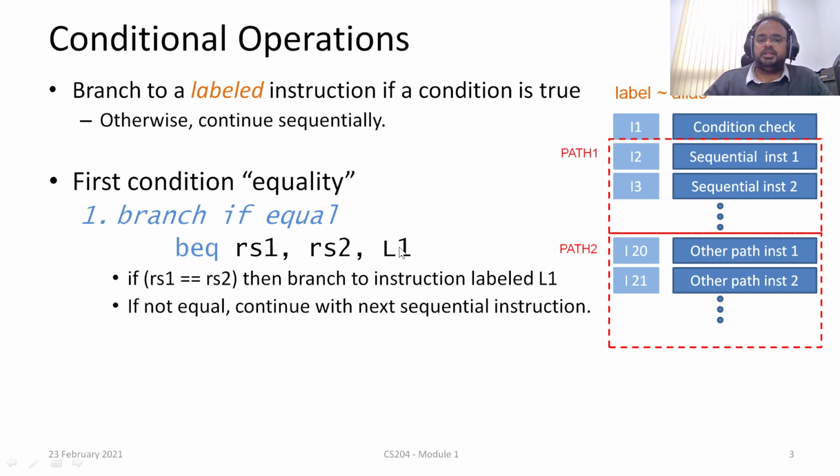You can put it as anything else, in this example, you can put it as I20, for example. What happens at the hardware when this instruction is getting executed is the value in RS1 is checked with the value in RS2. If they are equal, it will branch to the instruction which has label L1.